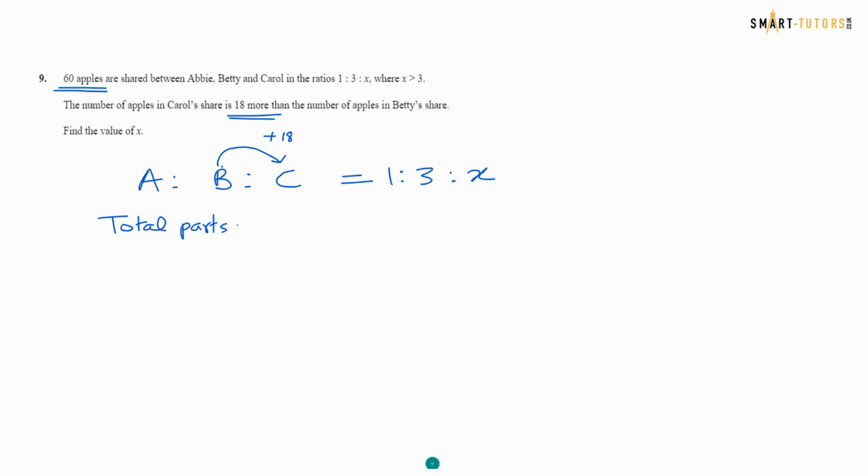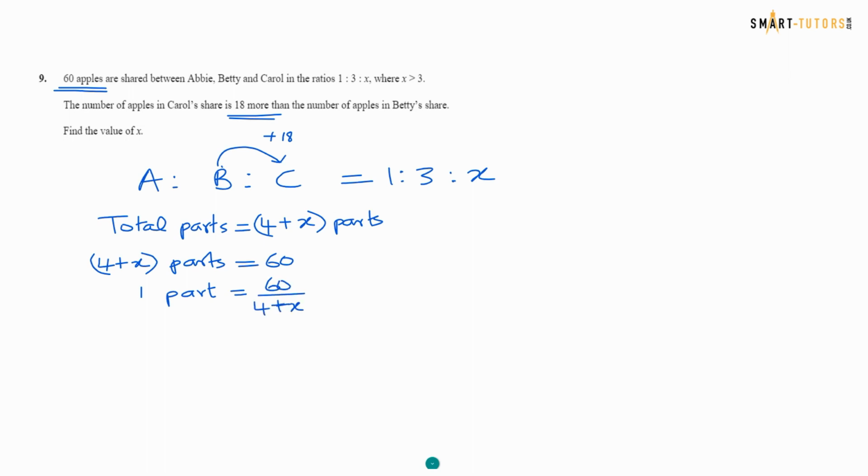So you need to add 1 plus 3 is 4, 4 plus x parts. So 4 plus x parts is the total. So 4 plus x parts equals 60. So from that you can find 1 part equals 60 divided by 4 plus x.